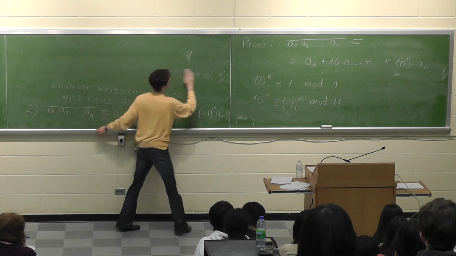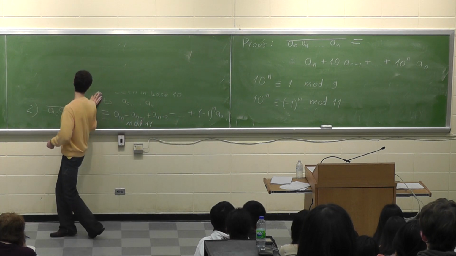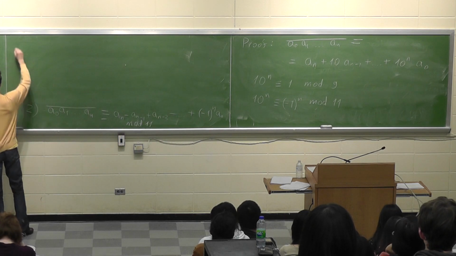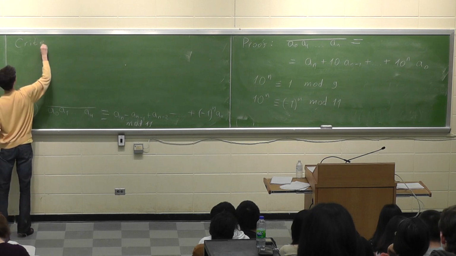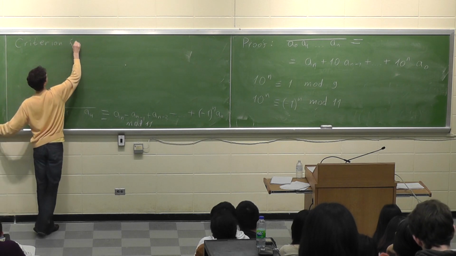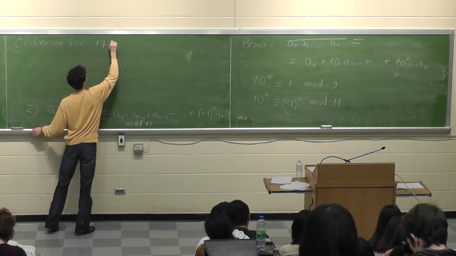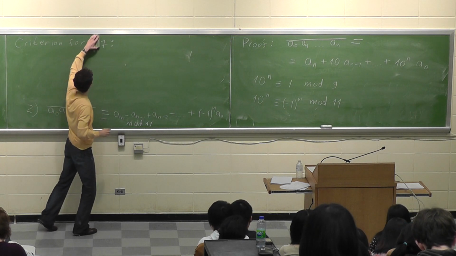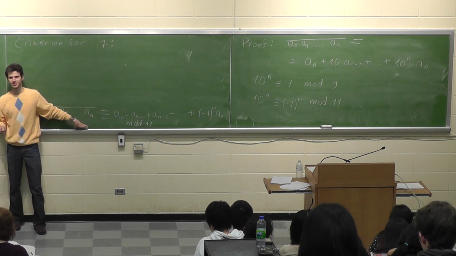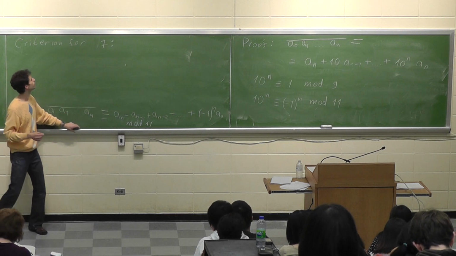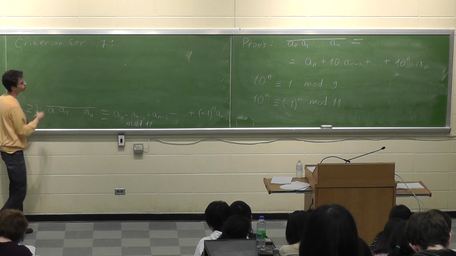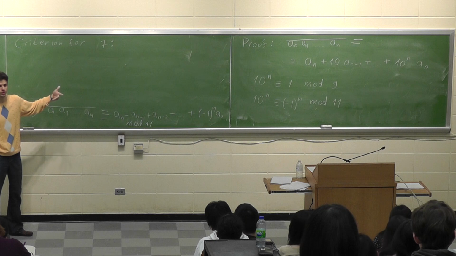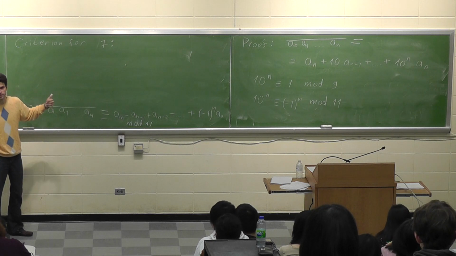Well, it is more complicated, but not much more complicated. So the criterion for 17. No, let me do it for 7 first. For 7 it is simpler. Well, what do we have to do? We have to take 10 and raise it to different powers modulo 7.